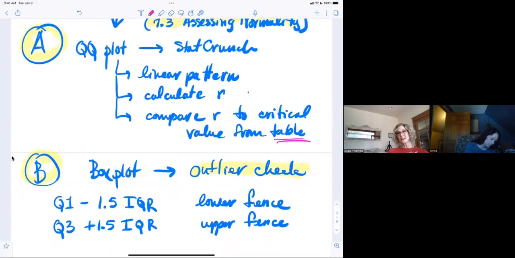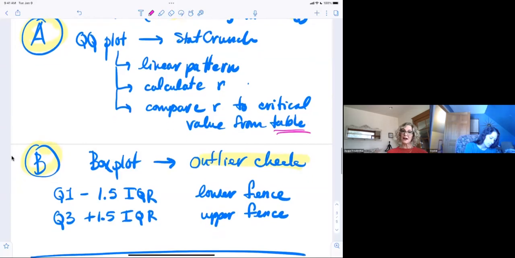So this is all assessing normality. You look at the linear pattern, you calculate R, you compare R to the critical value. If your calculated R is greater than the critical value, then you are comfortable assuming normality.